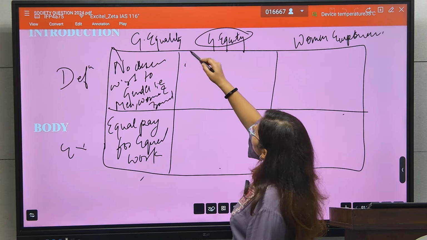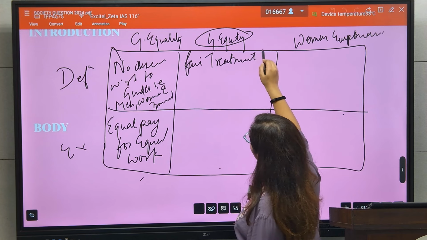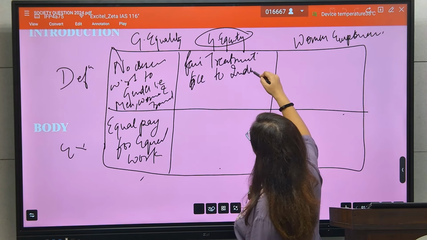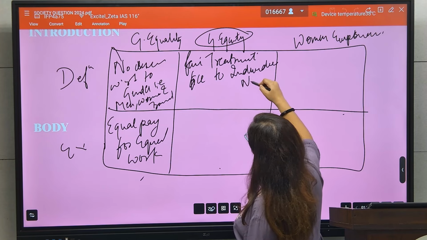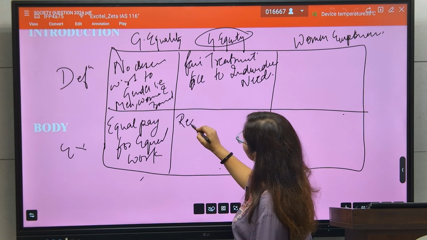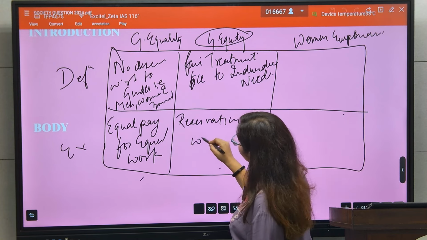Gender equity: there should be fair treatment according to individual needs. For example, there is reservation, 33% reservation for women.